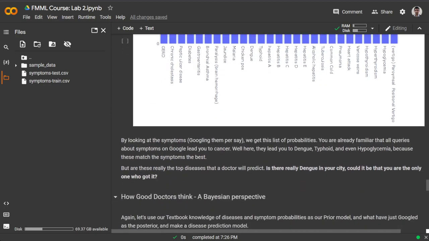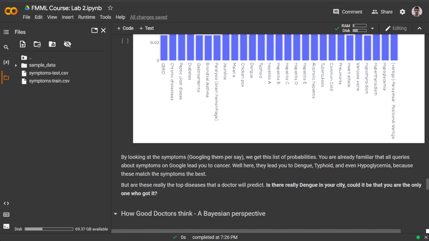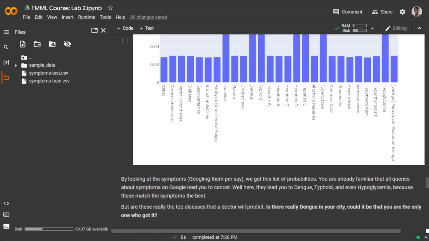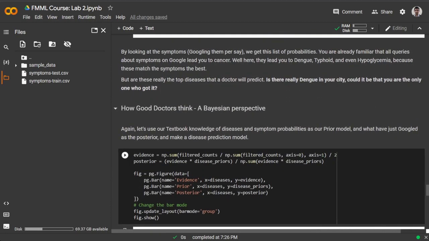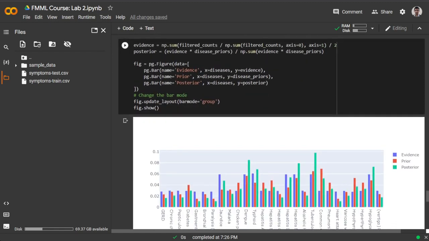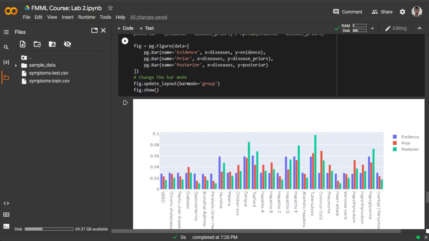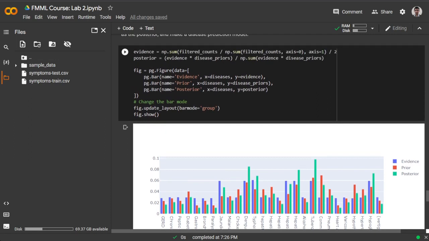However, we know for a fact that diseases like dengue, typhoid, etc. may not occur in the city as much because they had low prior values. And therefore, what a good doctor does, and how our medical reasoning systems should try to think, is they should try to combine the evidence and the prior and the likelihood together to form the posterior distribution.